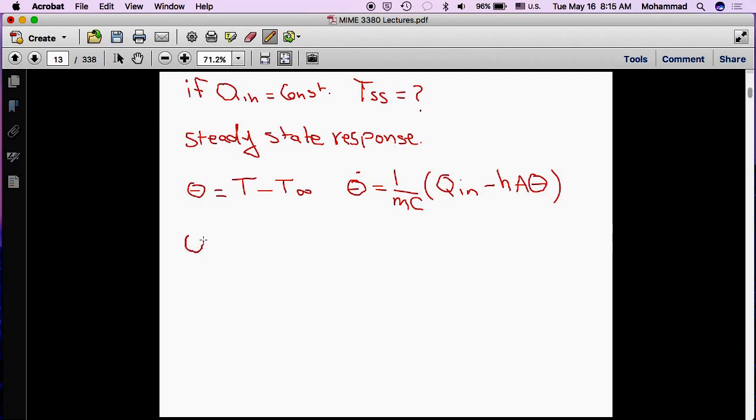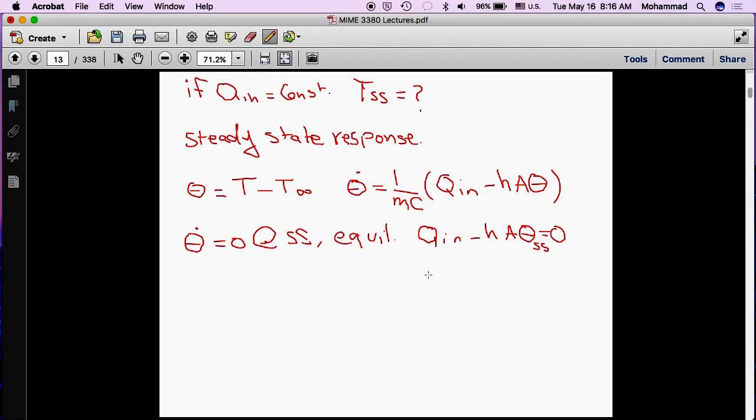So if you set theta dot equal to 0, which is the condition at steady state, equilibrium, then what you know is Qn minus hA theta has to be equal to 0. We know Qn is constant. Now, this is theta steady state, theta that no longer changes.